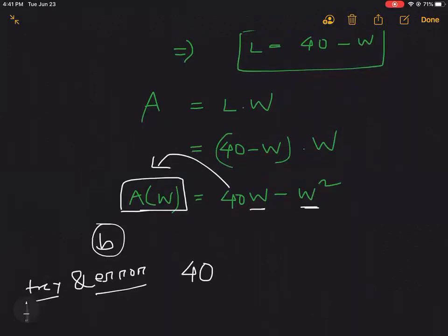I've seen something. Does it say like we find the side with the maximum area? Yeah, the question says, for what value of W is the area largest? That means we are looking for the value of W. Okay, so I think we are looking for the vertex.